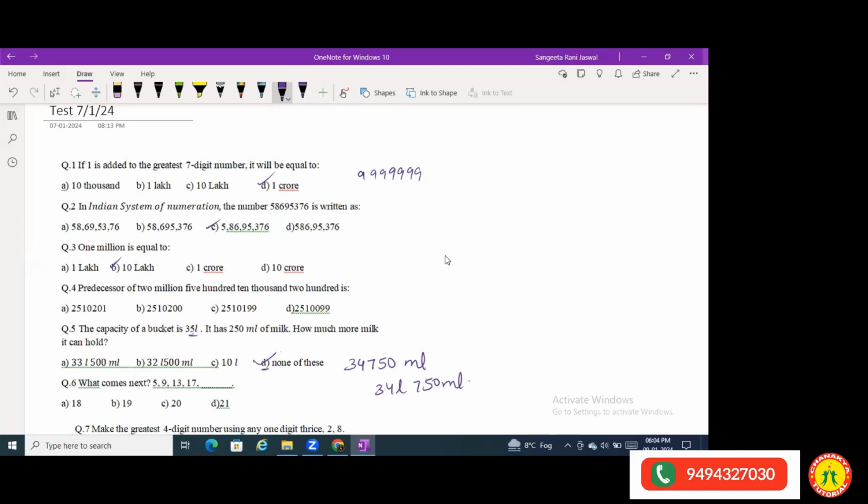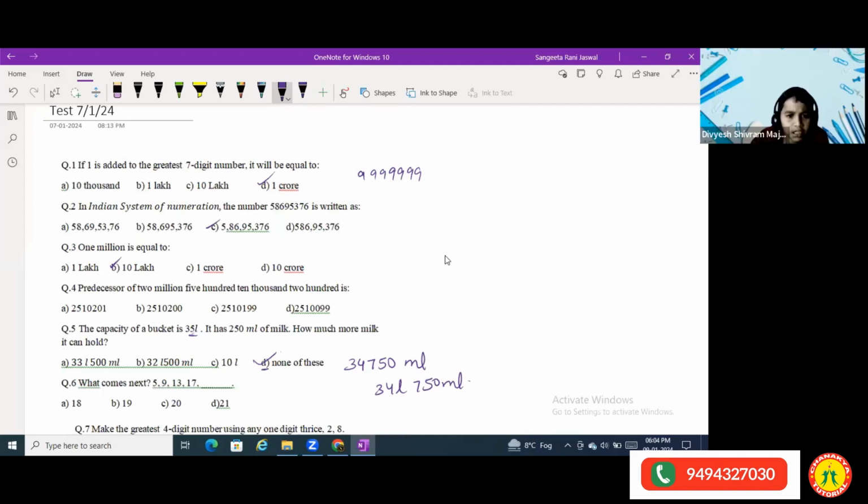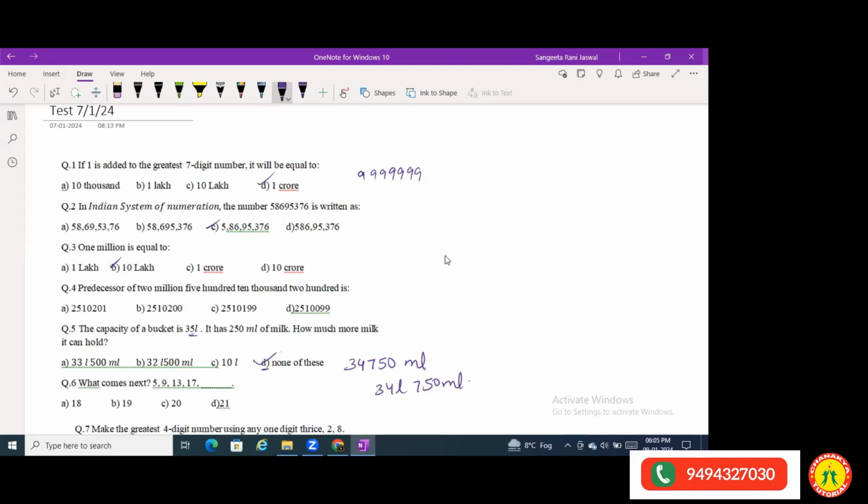Now the predecessor of 2,510,200 is 2,510,199, option C. Yes. So that's option C. This option is correct. Now the 5th option we have already discussed.